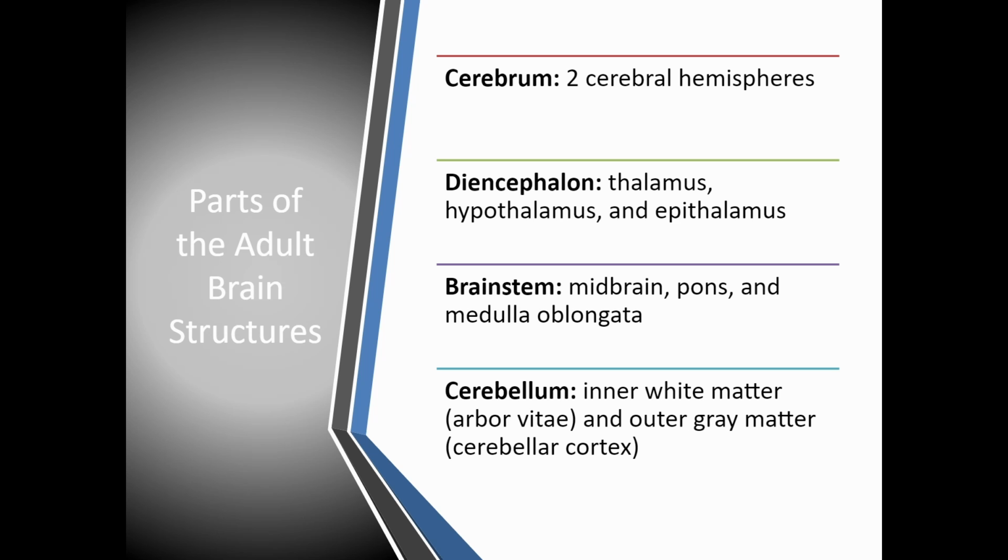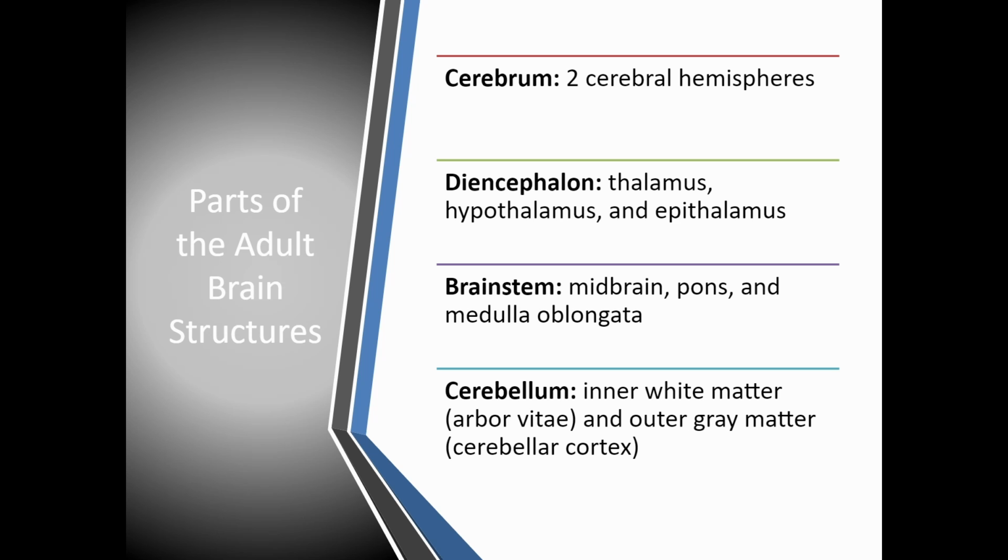They consist of the cerebrum, which actually has two cerebral hemispheres, the diencephalon, made up of the thalamus, hypothalamus, and epithalamus. And the brainstem has three structures as well, the midbrain, pons, and medulla oblongata.